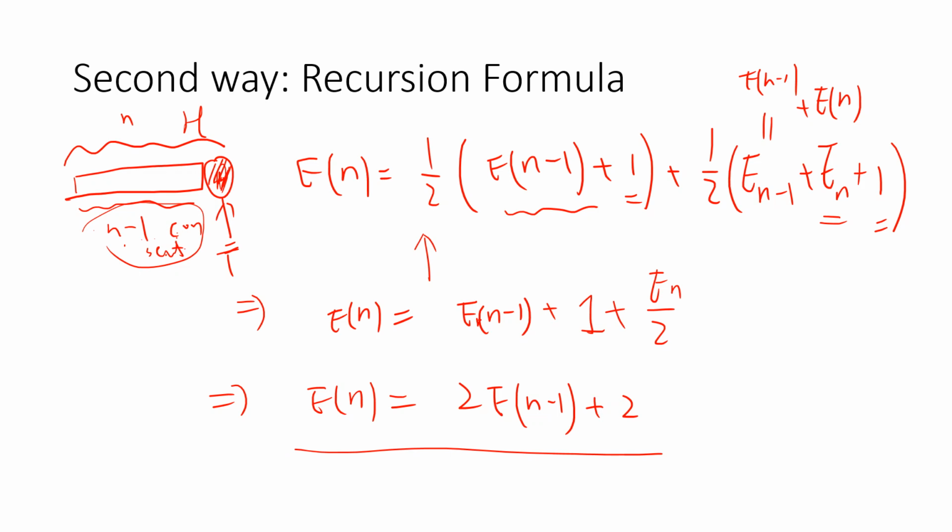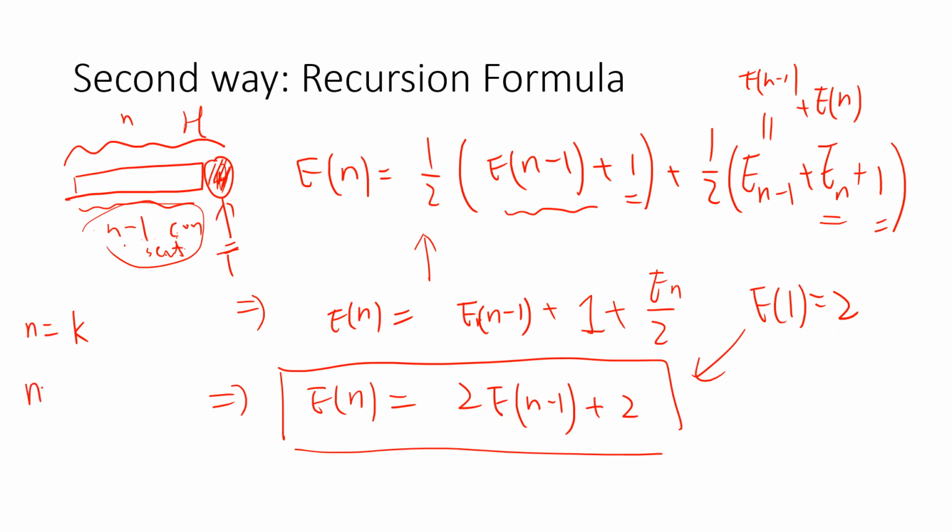Okay, so the final thing is we can solve this if we know E of 1 is 2. There are multiple ways to solve it, but we can use mathematical induction. Because n equals 1 is correct, we can assume that n equals k is correct. And then we compute n equals k plus 1. So basically, E of k plus 1 is equal to 2 times E of k plus 2.